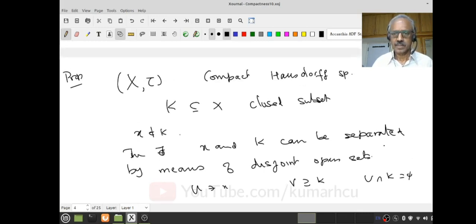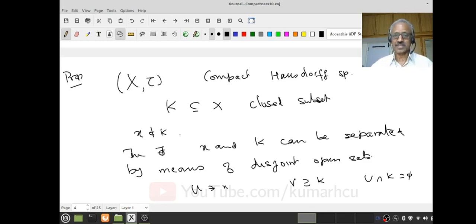Now remember what is meant by Hausdorff. You give me two distinct points x and y, then there is an open set U containing x, another open set V containing y, so that U intersection V is empty. Remember, in a Hausdorff space every singleton is closed. Therefore x, I can say, is not in the closed set singleton y.